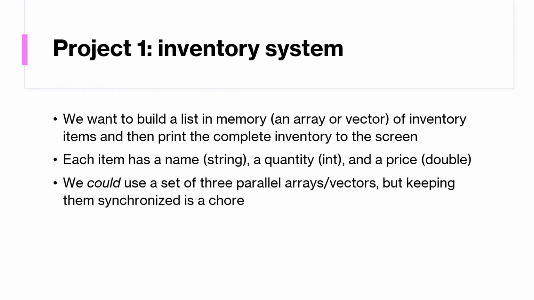We could make 3 parallel arrays, an array of names, an array of quantities, and an array of prices, and just assume that everything at index 1 belongs to the same item. But keeping those lists synchronized is a chore, making sure that you populate all 3 of them in exactly the same way. So instead, we're going to build a vector of structs.